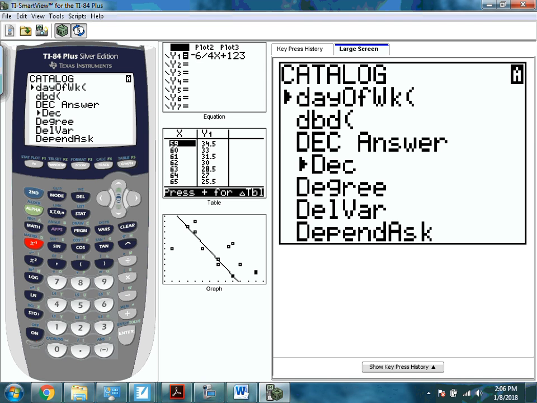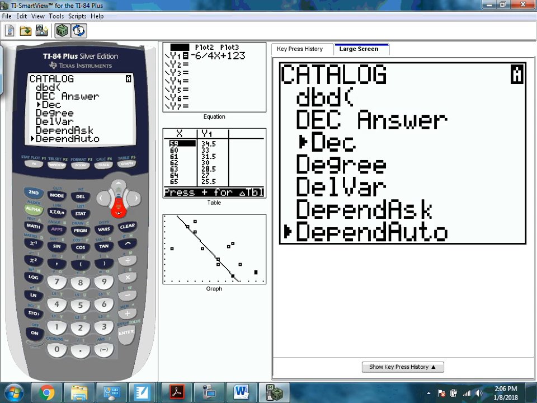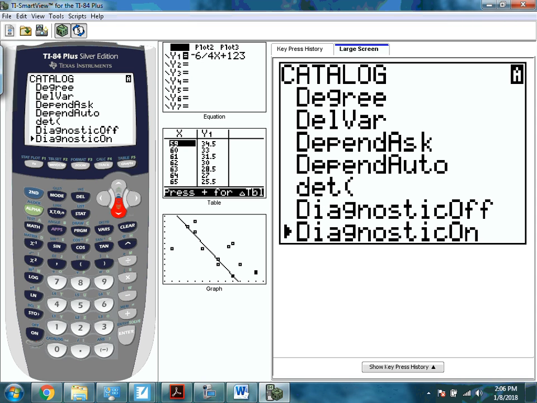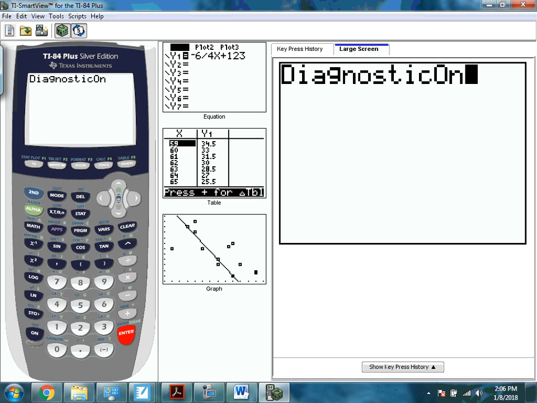Okay, now you're going to go to what says diagnostic on. You're going to press enter, and then enter again, and it will say done. Hey, it says done. Well, you want to go to diagnostic on, not off.